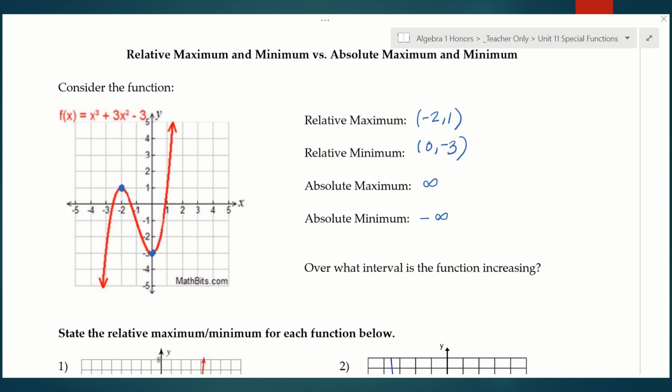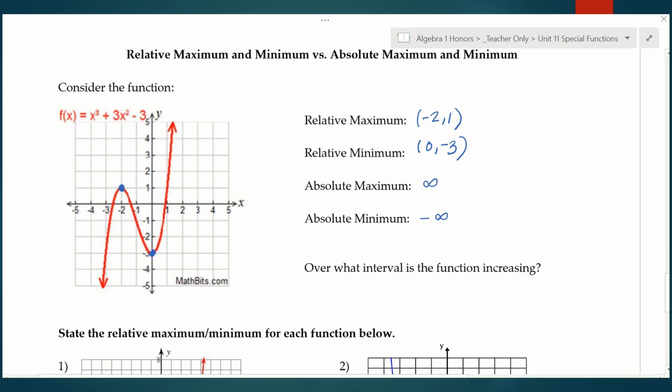Over what interval is the function increasing? If I take my finger and trace that function from left to right, I'm going to say it's increasing, then it's decreasing, and then it's increasing again. So the interval where it's increasing is actually two separate intervals. Let's talk about the first part.